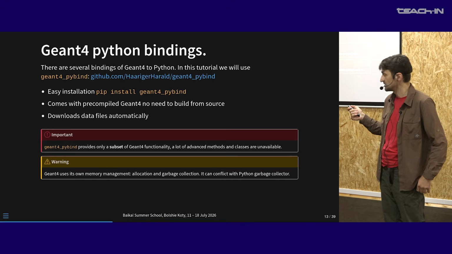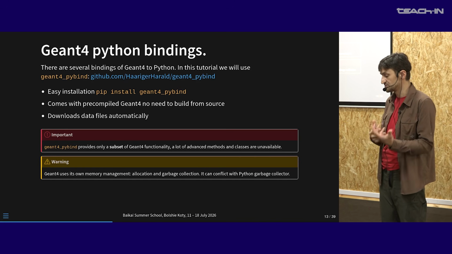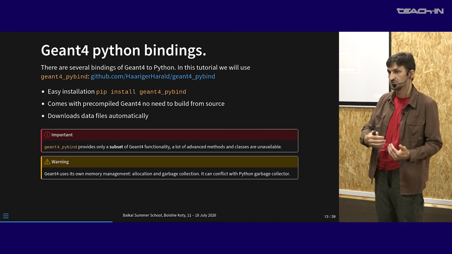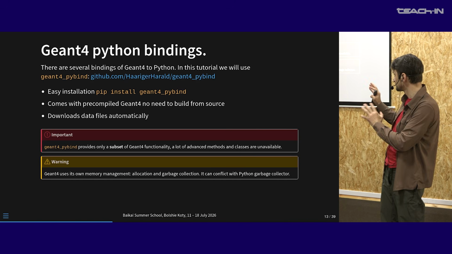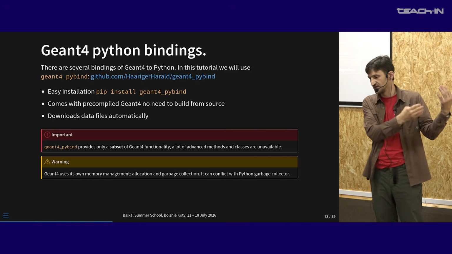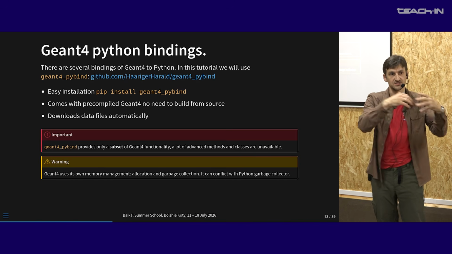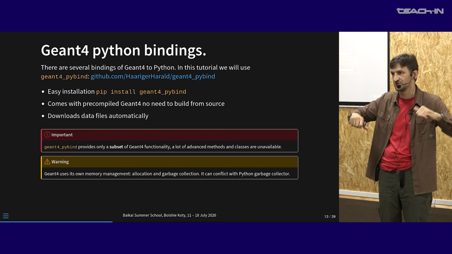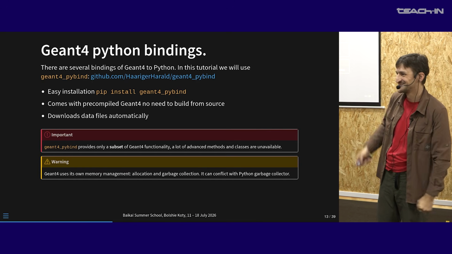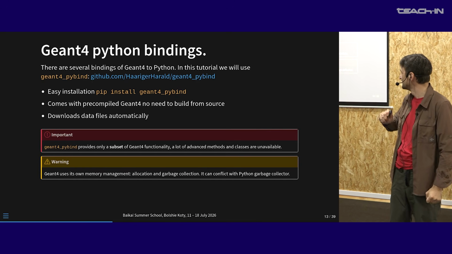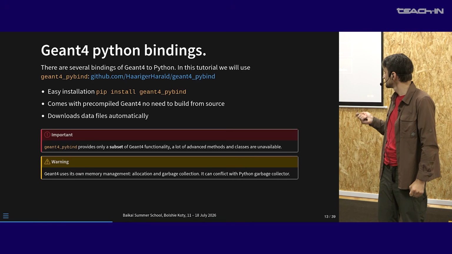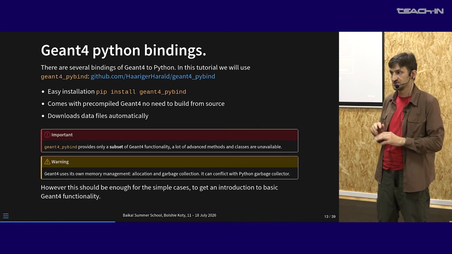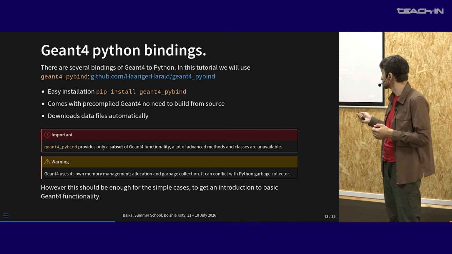Geant4 uses its own memory management, with its own memory allocation and garbage collection, and Python also has garbage collection. So whenever you create a particle or a vertex in Python and pass it to Geant4, it may get deleted in Python and also deleted by Geant4, and they can crash. This is a thing to watch out for. However, for simple cases and for an introduction like this, I think this is a very good choice.